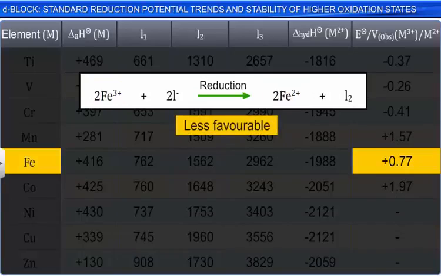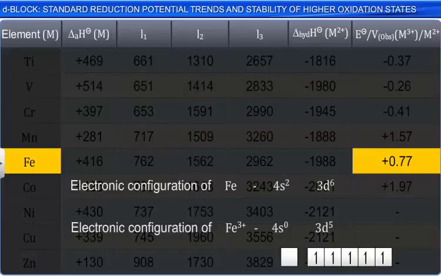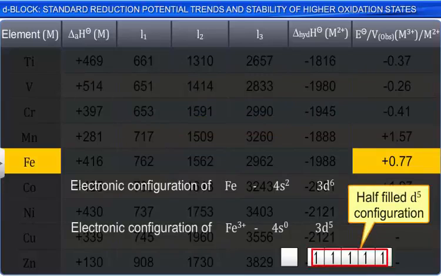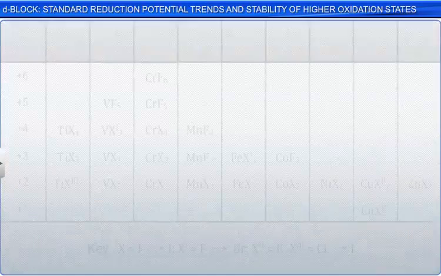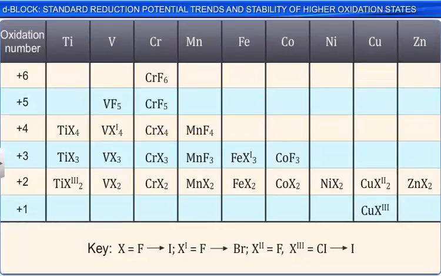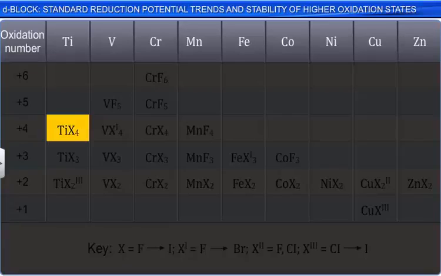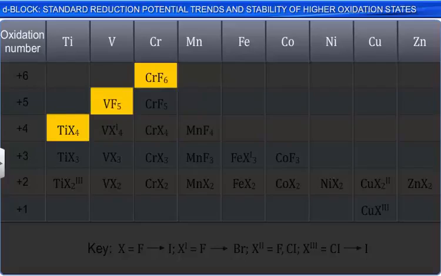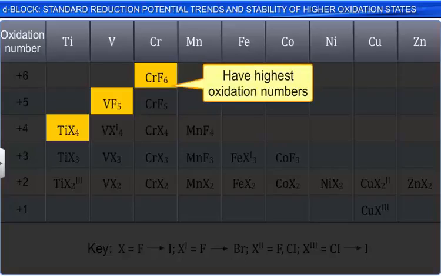Let's now look at the trends in stability of the higher oxidation states of these elements. The table here lists the stable halides of the 3d series of the transition elements. As can be seen from the table, titanium tetrahalides, vanadium pentafluoride, and chromium hexafluoride have the highest oxidation numbers.